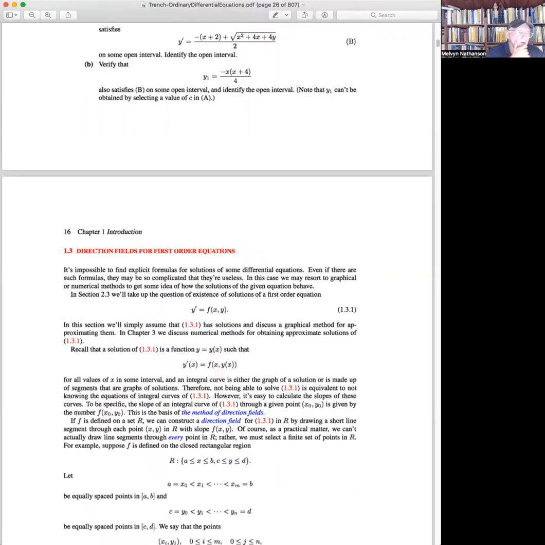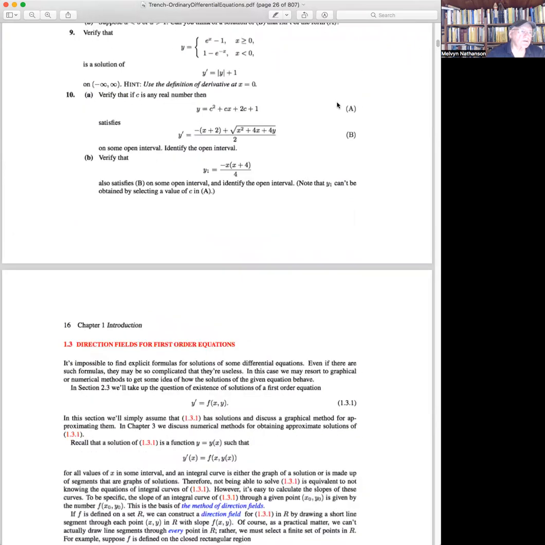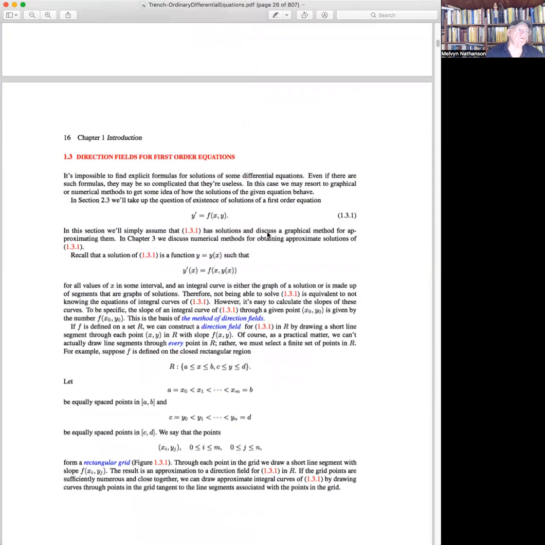Now, there's one other thing I want to point out in this chapter, because it gives a very good geometrical understanding of a differential equation. Here's the first order differential equation: y prime equals f of x, y. You have some function that you want to find, and you're told that dy dx at any point x, y is equal to this. Well, what is dy dx?